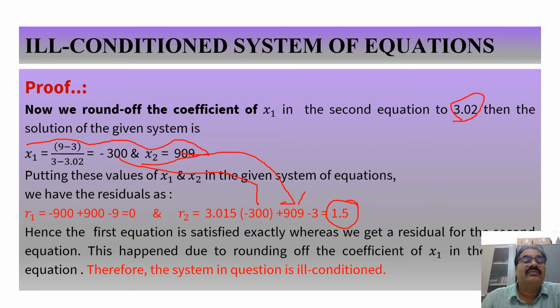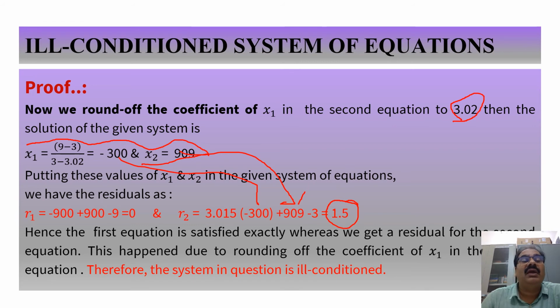It means the first equation is satisfied exactly, whereas we get a residual for the second equation. This happened due to rounding of the coefficient of x1 in the given system. Therefore, we can say that the system in question is ill-conditioned.